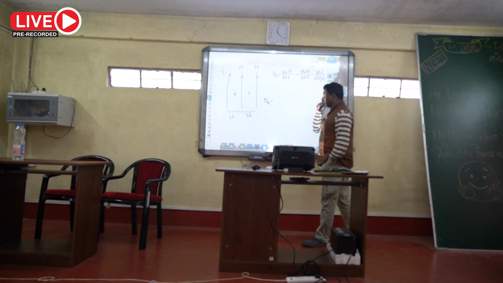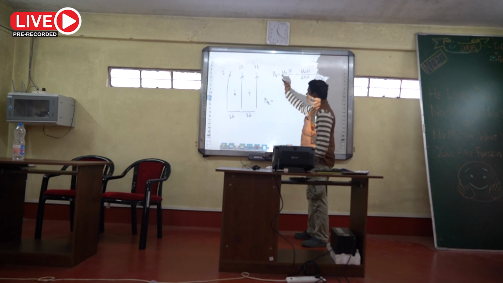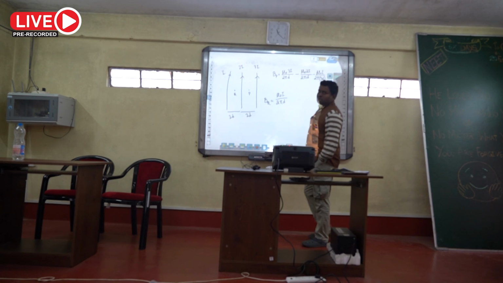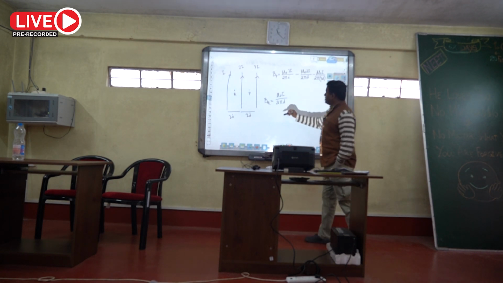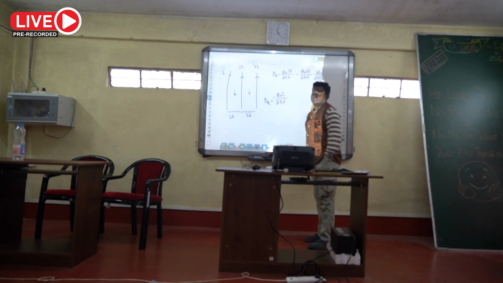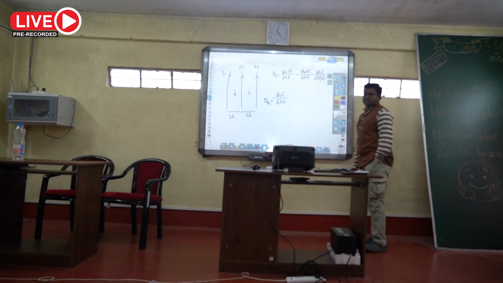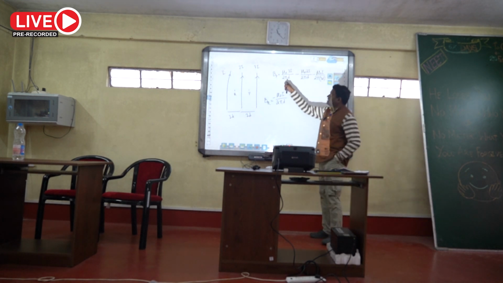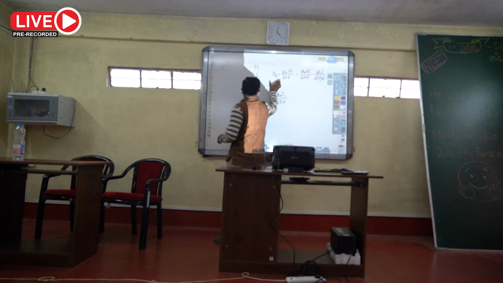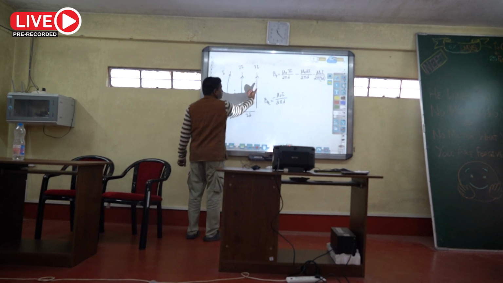So I will consider BQ equal to mu naught I by 2 pi d for the first wire, and it is going inward. So inward is taken as negative. Since it is inward, I will put a negative sign. Here, this one 3i is coming out.